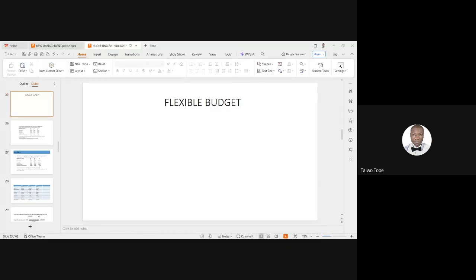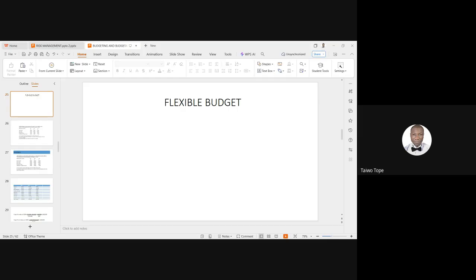So when preparing a flexible budget at different capacity or activity level, what you need first is to identify the highest activity level and the lowest activity level. Once you identify the highest level of activity, it can be in form of units produced, it can be in form of machine hours. You also need to identify the lowest level of activity.